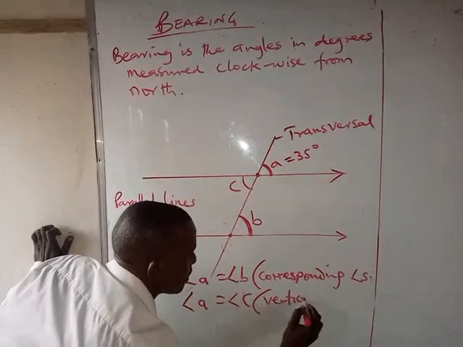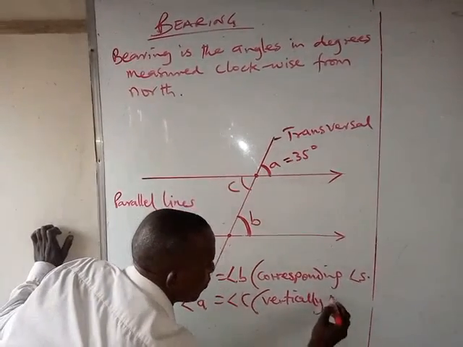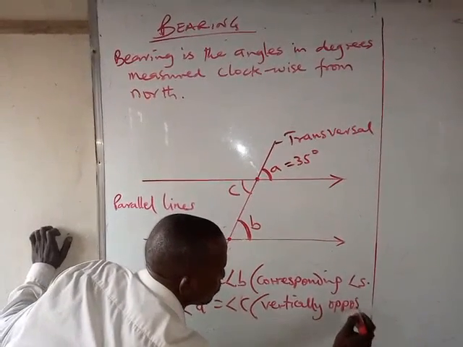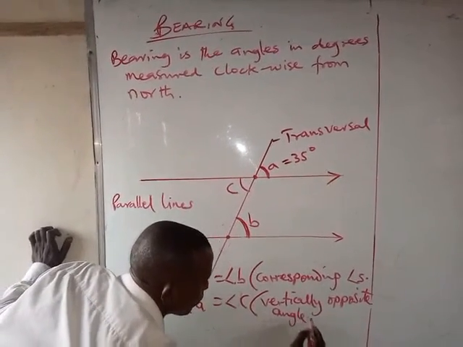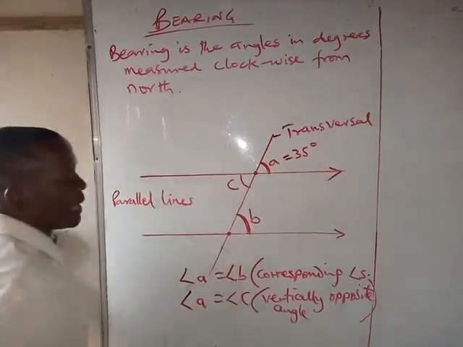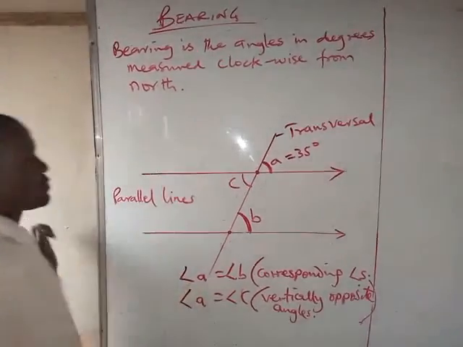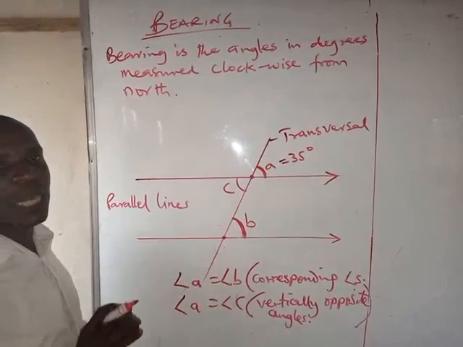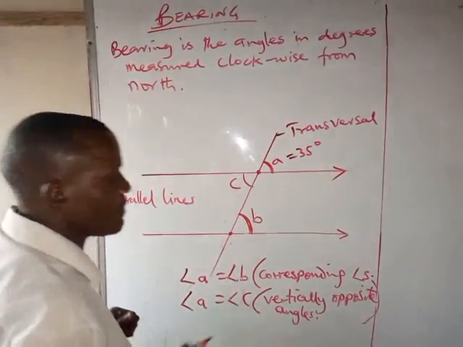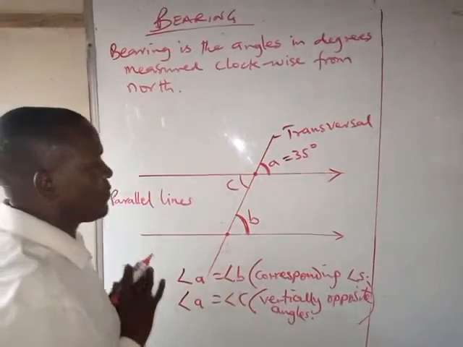Vertically opposite angle. So we say they are vertically opposite angles. Is that okay? So they are equal. So vertically opposite angles are the same. They are equal.